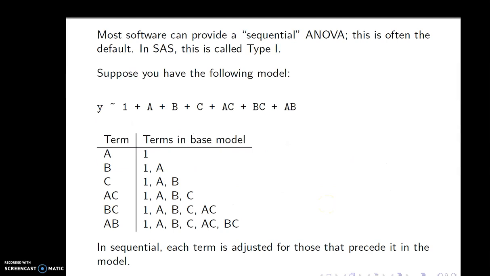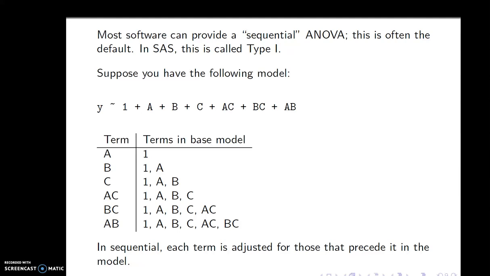Okay, so most of the time in class we've just been looking at sum of squares, and I have not done any kind of explanation for different types of sums of squares, and now it's going to become an issue for us.